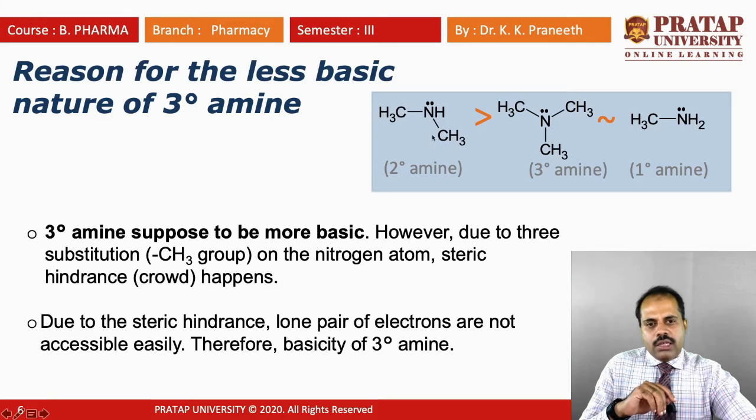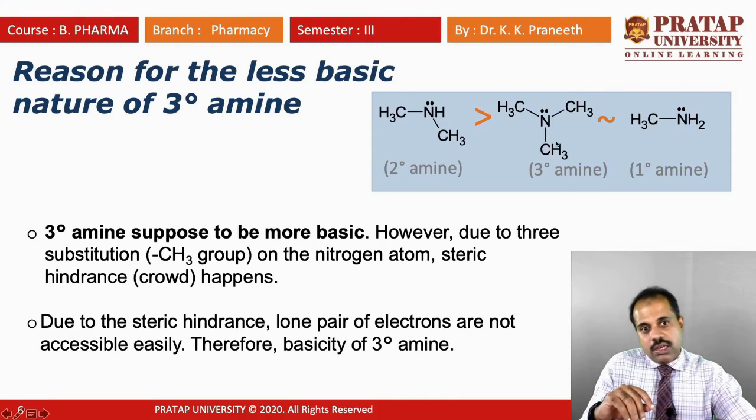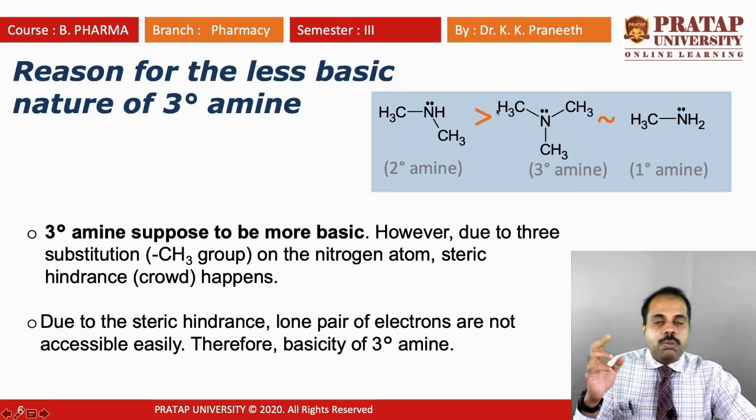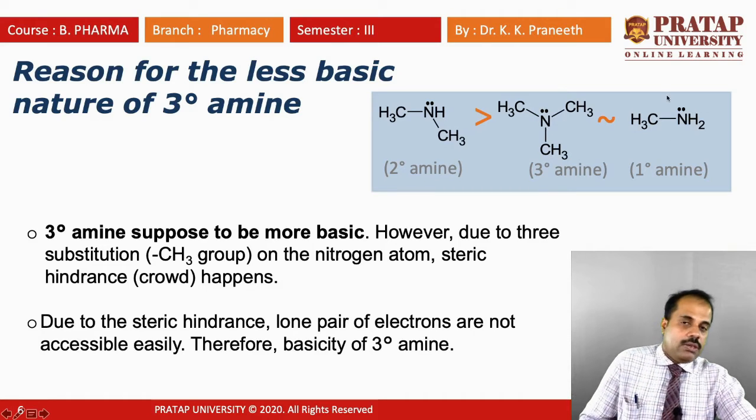However, in the case of dimethylamine, it is still not so crowded because you see there is one NH group here and only one CH3. Here it has one CH3 and 2 NH groups. So in primary and secondary, this crowdedness does not affect so much compared to the tertiary. And you can even imagine if you have bigger groups like ethyl group or propyl group, right? CH3, CH2, CH2, CH3, CH2, CH3, it will be more crowded, so it will be less basic even compared to the primary amine.